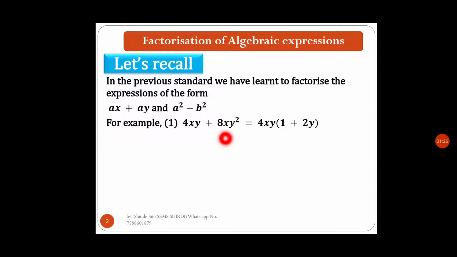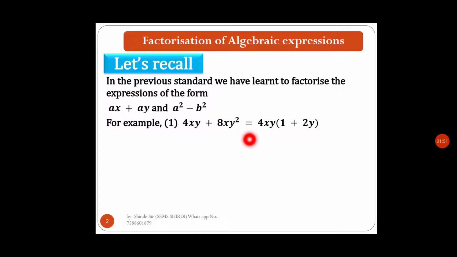In the first term, only 1 is remaining. In the second term, 4 twos are 8, so 2 is remaining. Here x is common. What is remaining here? y. Now which are the factors? 4xy into 1 plus 2y. These are the factors of the given polynomial, and these factors are the divisors of the given polynomial.